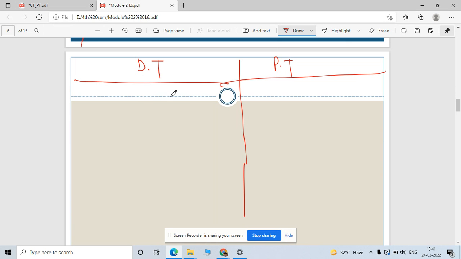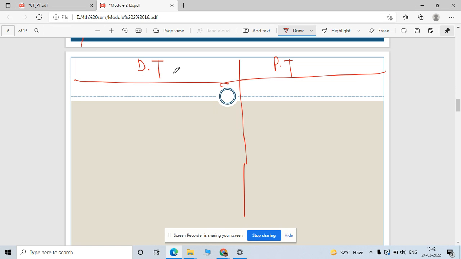So there is one transformer, and you can say that is your distribution transformer. Okay, and what do you mean by power transformer? At the generation end पे जो ट्रांसफार्मर यूज़ करते हैं उसे हम पावर ट्रांसफार्मर कहते हैं. So there are two types of transformer: one is the power transformer and distribution transformer, and this is your potential transformer.